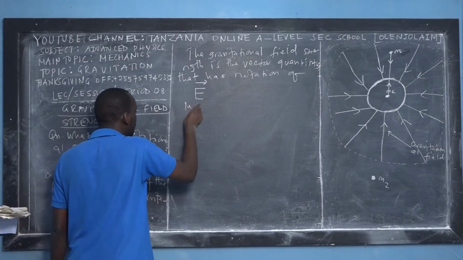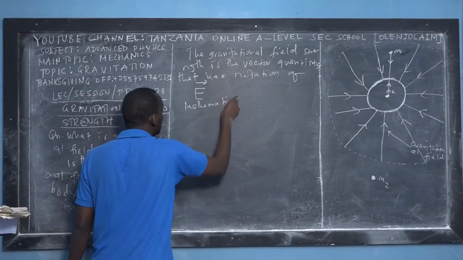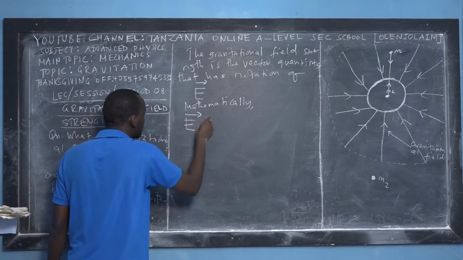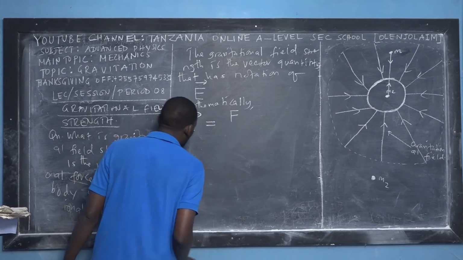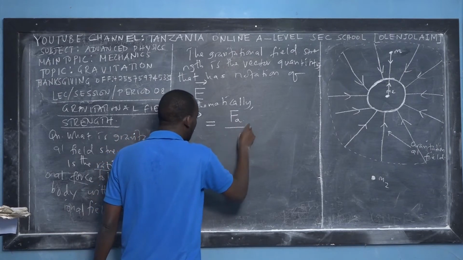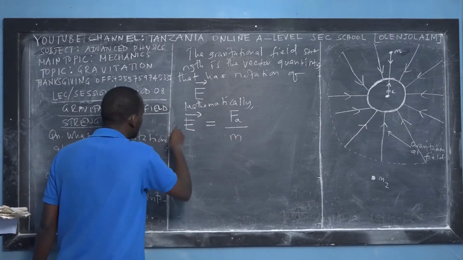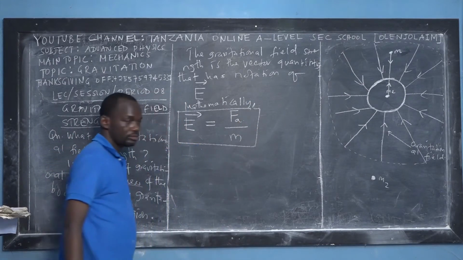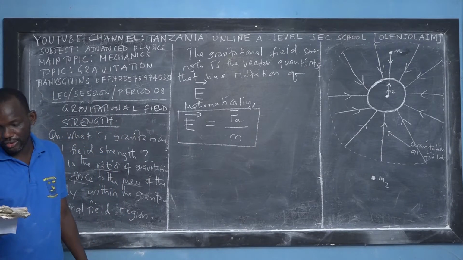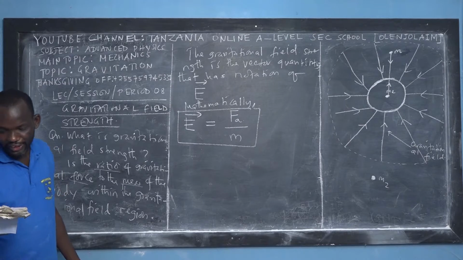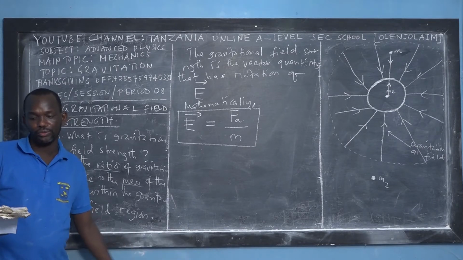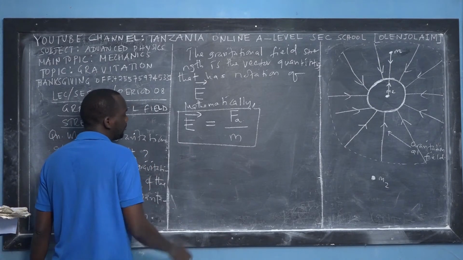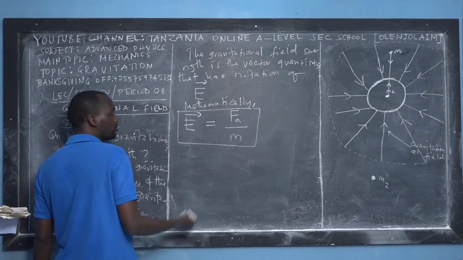Mathematically, we define gravitational field strength as equal to the force of attraction, or gravitational force, over the mass of the body. This is the mathematical definition; we can define it in different ways. Some books use the notation A or the notation U.